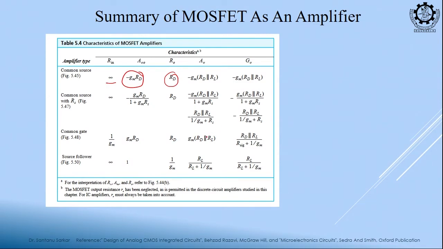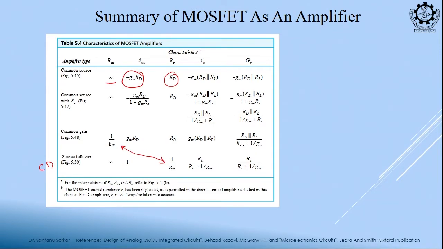And if I have another extra resistance RL, GM RD parallel RL. Source follower or common drain, input impedance infinite because it is given to the gate, AV nearly 1, output impedance 1 by GM. Okay. So, these two you remember, when we look through the source terminal we see 1 by GM.